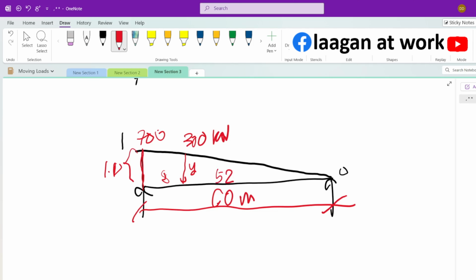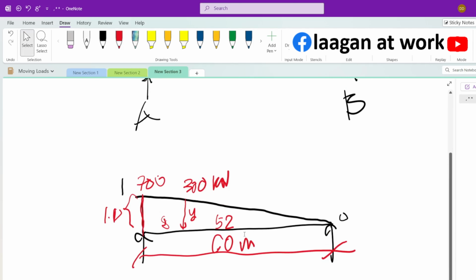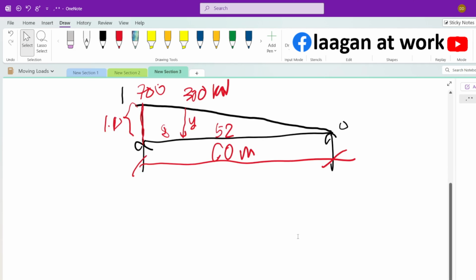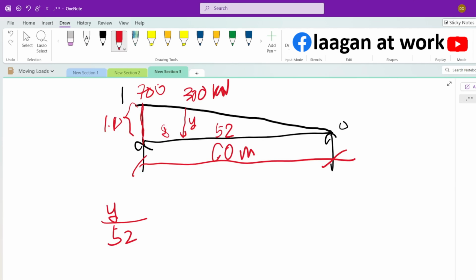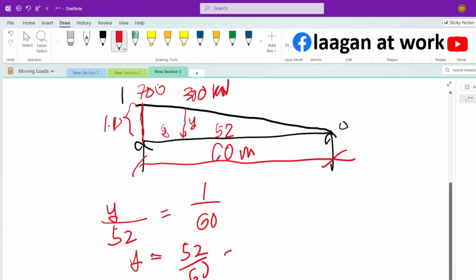So y by ratio of proportion: y is to 52 as 1 is to 60. Therefore y would be 52 over 60, which is how much? 52 divided by 60 is 0.8667.